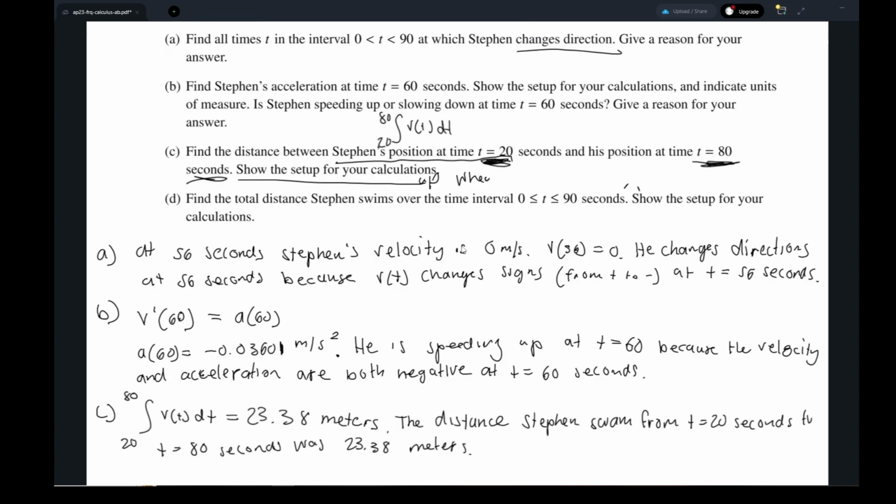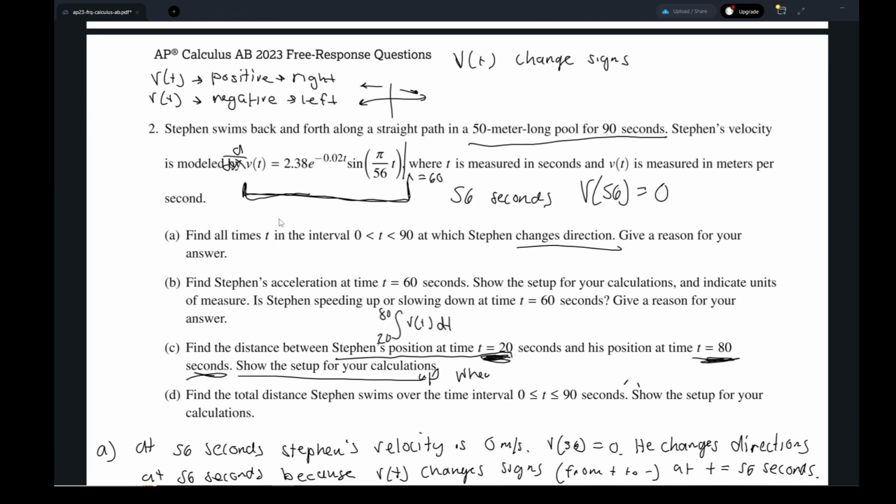Right? And if you're confused about this, just remember that if you find the integral of velocity, you get distance. And specifically, you're going to get the distance between point A and point B.